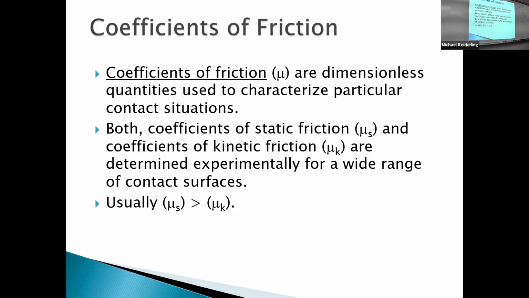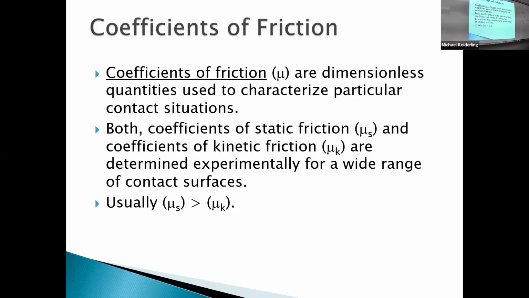Coefficients of friction are dimensionless quantities that are used to characterize particular contact situations. And any particular contact situation will have a coefficient of static friction and a coefficient of kinetic friction. And almost always, the coefficient of kinetic friction is less than the static friction. I don't think I've ever seen a case where kinetic was greater than static.